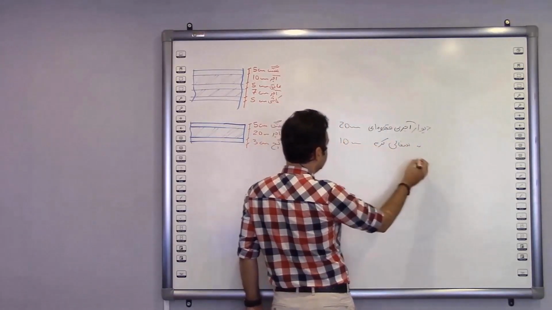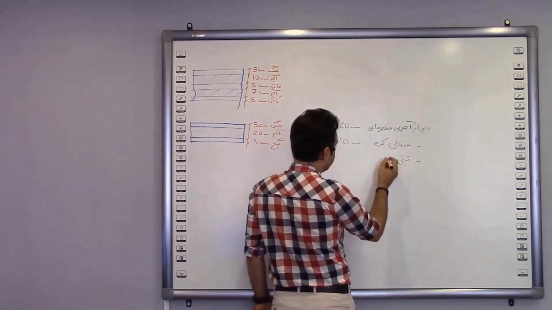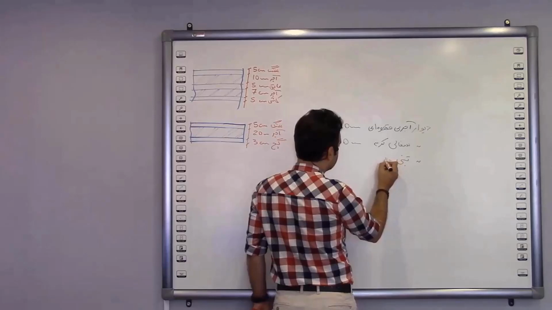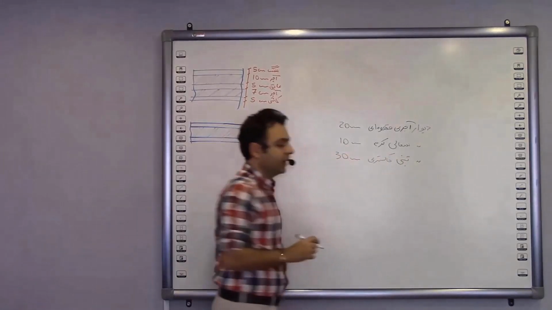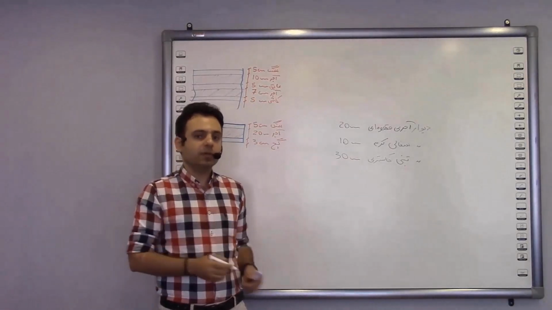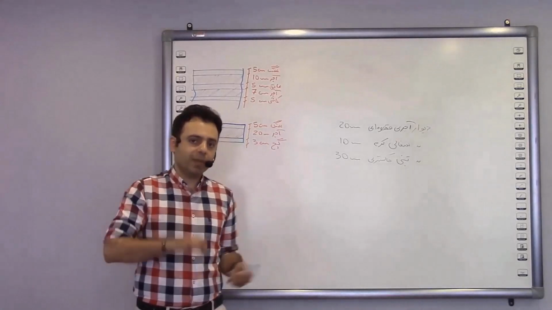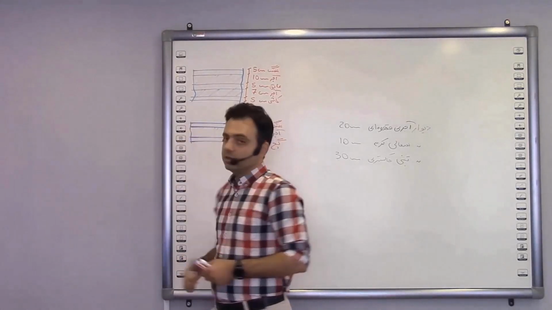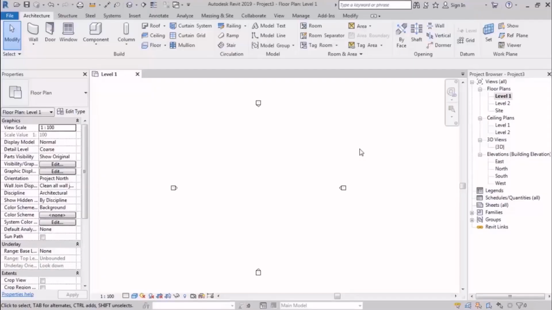And a gray concrete wall, which is 30 centimeters. Well, let's go and draw these 3 types of walls so that you can understand everything I've explained to you until now, and it's going to be a very good practice for you. So let's go, and then we will come back for these multiple layer walls. So let's design these 3 types of walls.